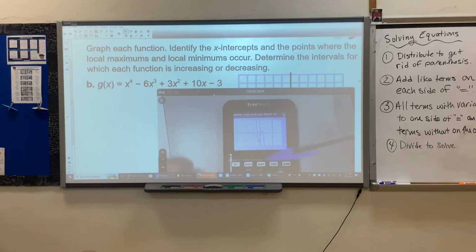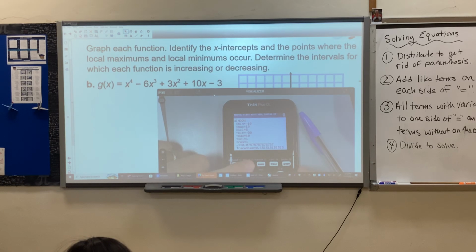Because it goes down and up. I'm just going to extend my x or my minimum so that I can see what number that is. So my window, my minimum, I'm going to make it 30. Change my y scale to 5s. Oh, I changed the x scales to 5s. 30 wasn't enough.